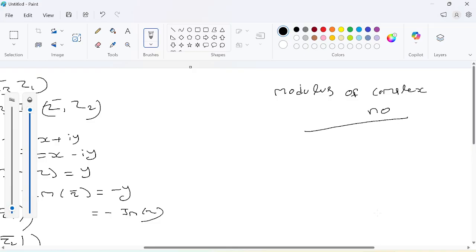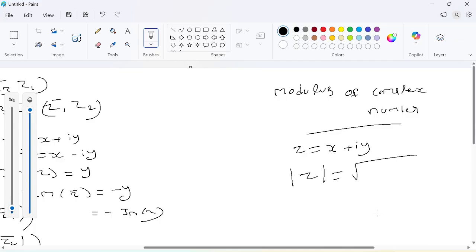So if I have Z equal to x plus iy, the modulus of Z, written mod Z, will be equal to the square root of x square plus y square. So this is called modulus. This is the modulus of Z.